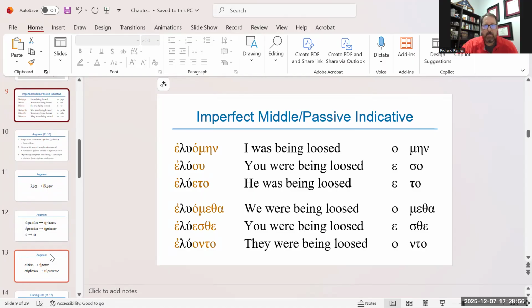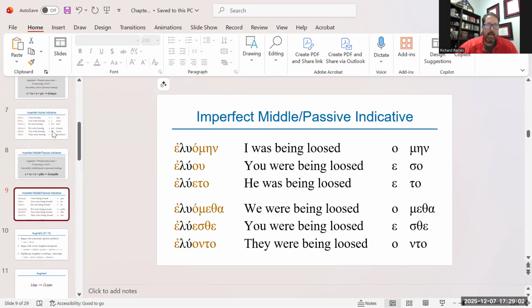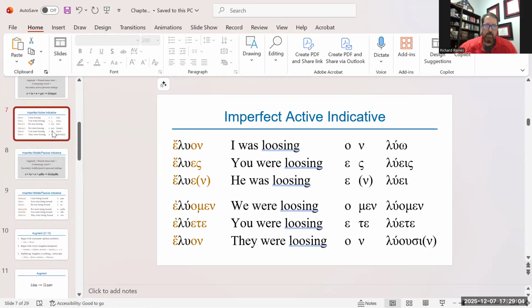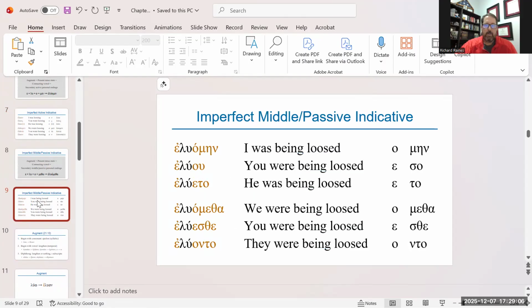So you can see, I was being loosed. See the difference? The imperfect active, I was loosing. But in the imperfect middle and passive, the action is being done to you. I was being loosed, you were being loosed, he was being loosed, we were being loosed, you were being loosed, they were being loosed.